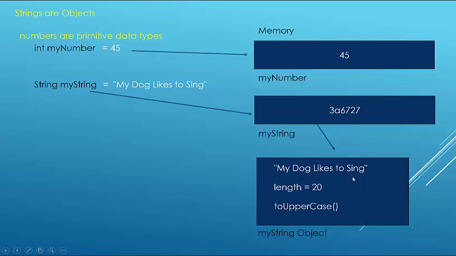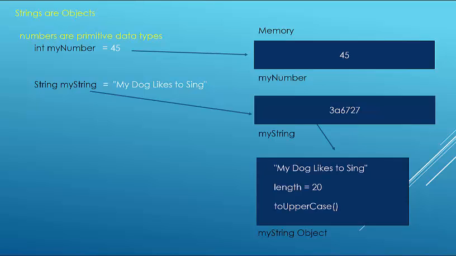It also can do things. For example, this object can make everything in this literal uppercase. It can do lots of other things. We'll learn more about objects as we go along, but the idea behind an object is that it has properties, in other words, a value of 20, and it also can do things. We'll see this more and more as we go along.